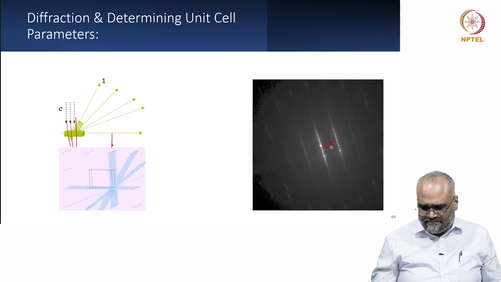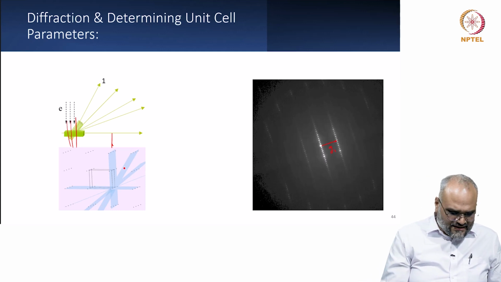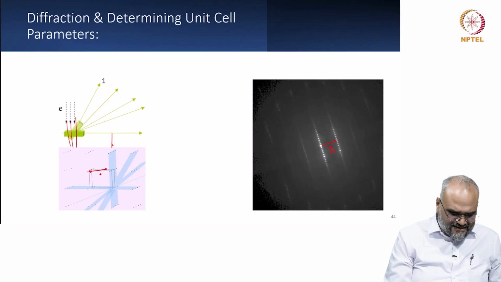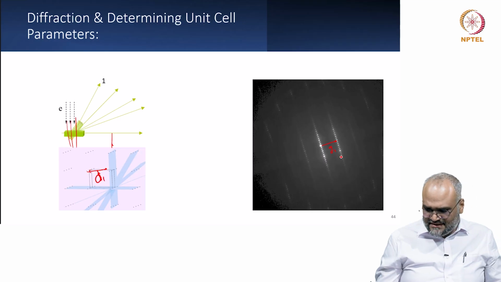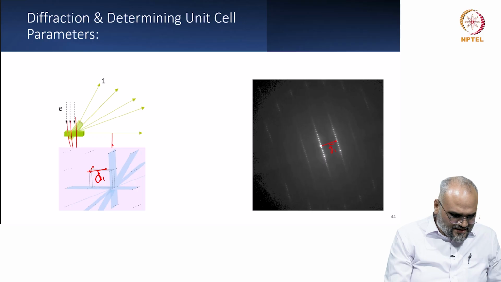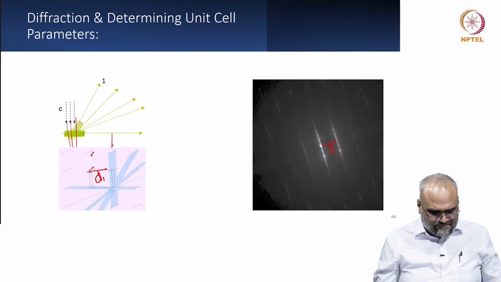some kind of diffraction pattern which is corresponding to this distance here. So, if I call this D1, the reciprocal vector G1 corresponds to this distance, and this distance you see here now corresponds to this distance.